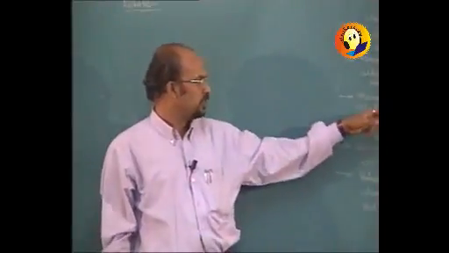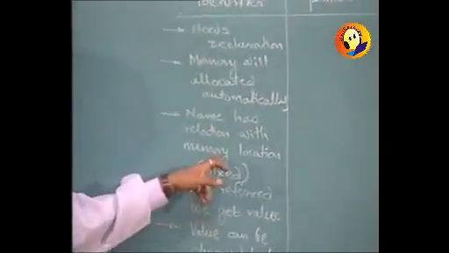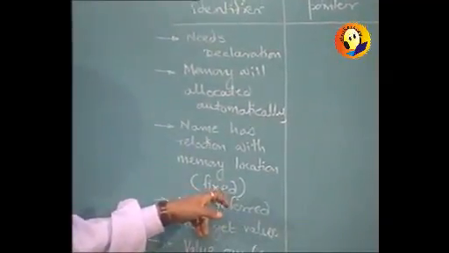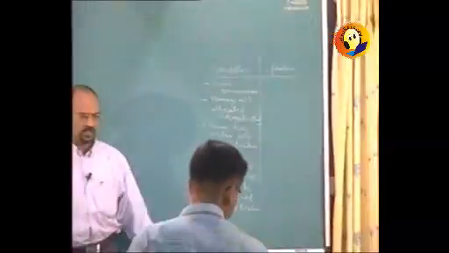It's not that you refer to A for the first time and you are talking about a particular memory location, and the next reference will give us some other location. That does not happen, because you are fetching the same value, you are storing the value at the same location. So there is a relation of that identifier name with the memory location, which is a fixed relation; you cannot change the location, the value can be changed.